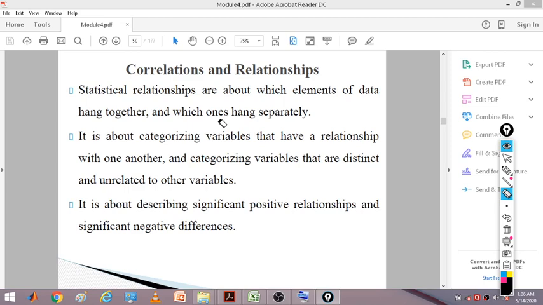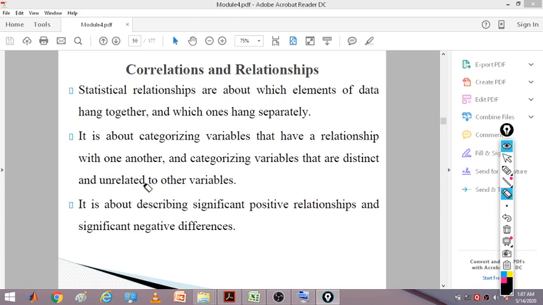It is about categorizing variables that have a relationship with one another and categorizing variables that are distinct and unrelated to the other variables. So you can find some correlation between the variables. You can find some relationship between the set of features we have obtained, and sometimes we find no relationship between them. So they can hang together and they may hang separately.